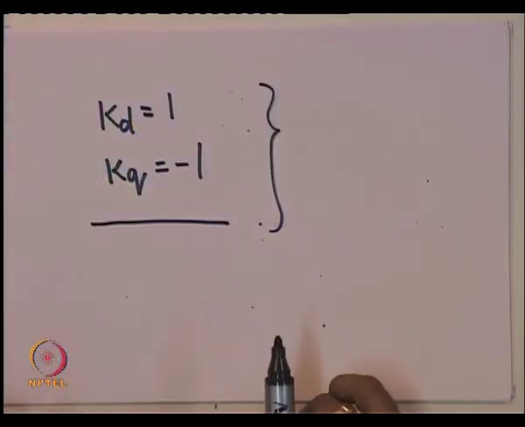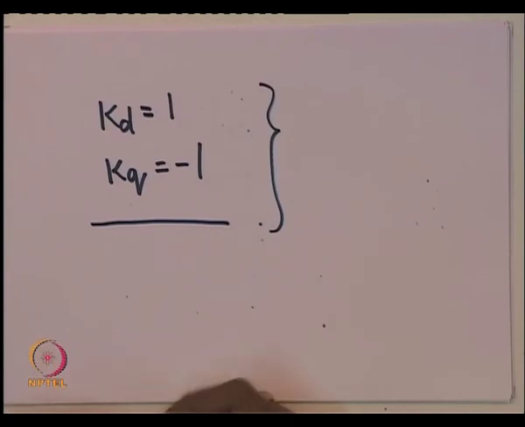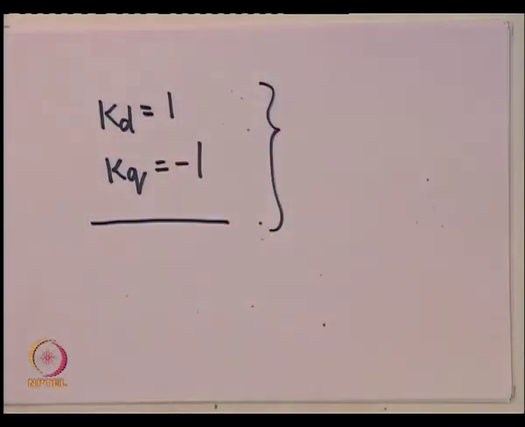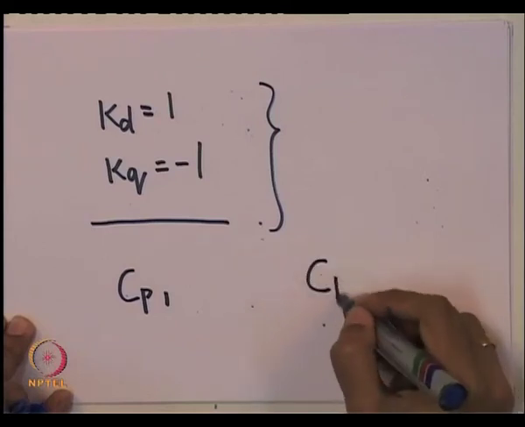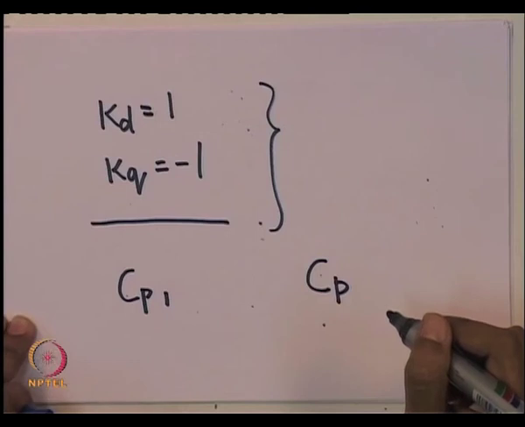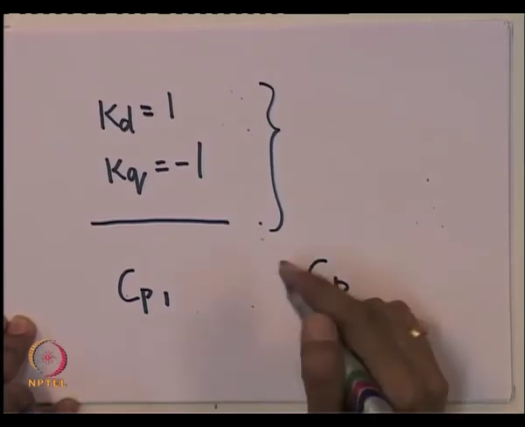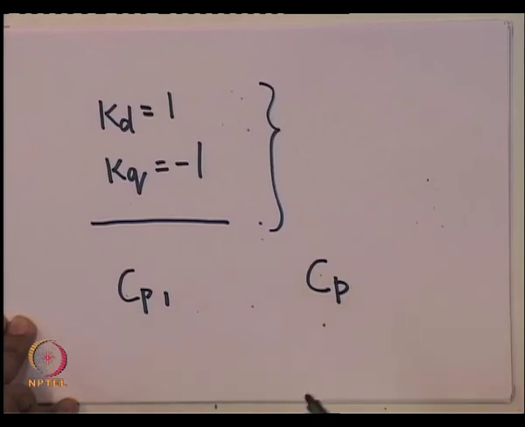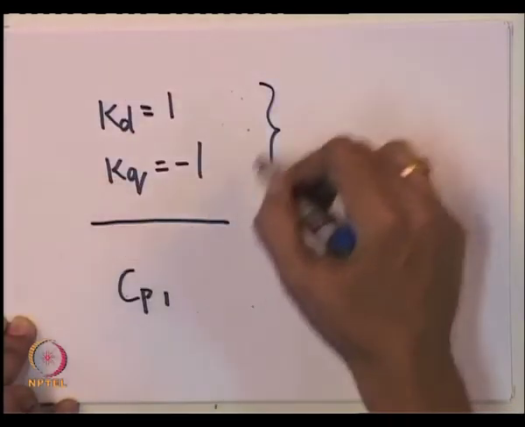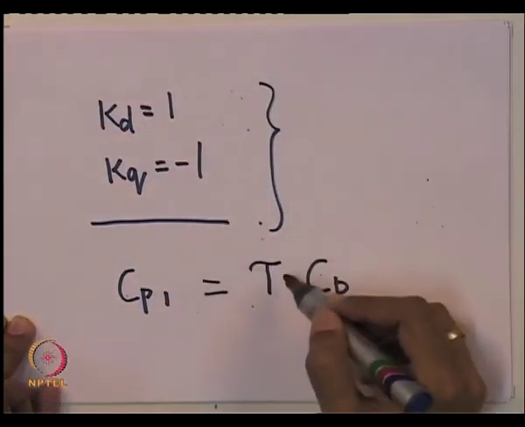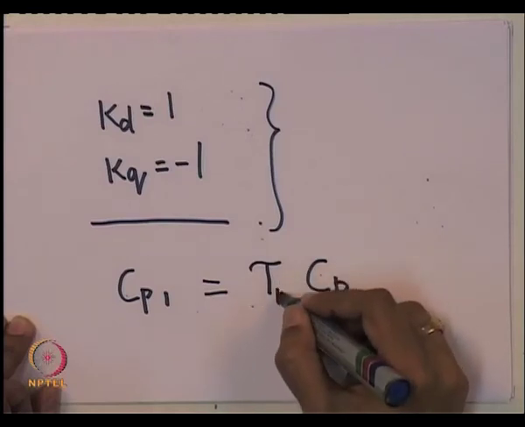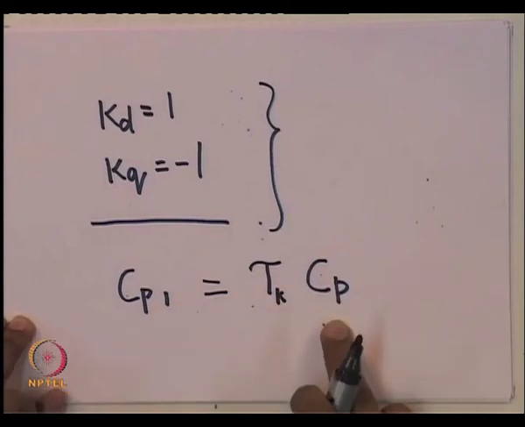Of course, the question then arises, if we have industry papers or books which follow this other convention. I will call the transformation they follow CP1, and we apply a transformation CP where Kd and Kq are root 2 by 3. In such a case, one can transform the equations used by people with the other values of Kd and Kq by a matrix Tk.